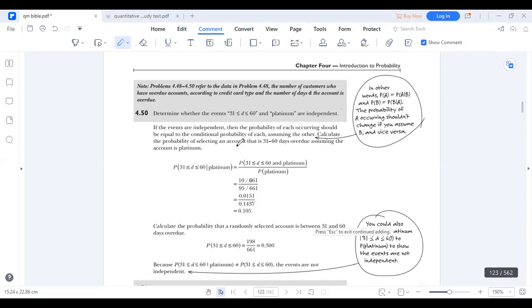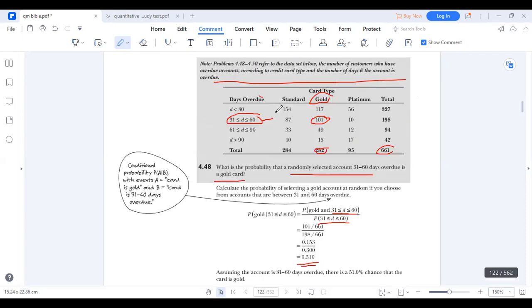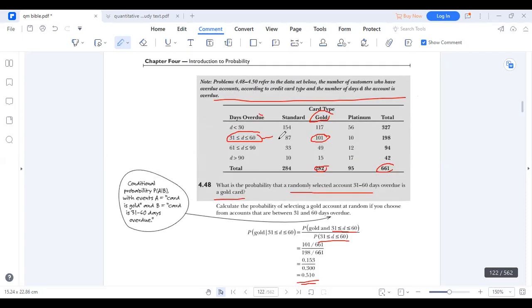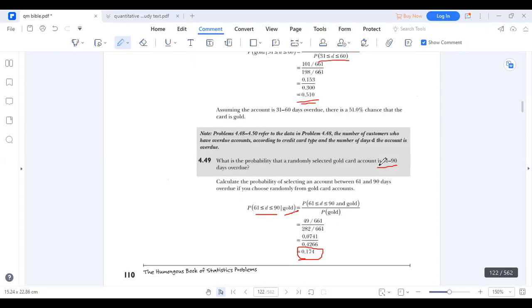Then determine whether these events are independent. So determine whether 31 to 60 and platinum are independent. The probability of platinum is 95 over 661.